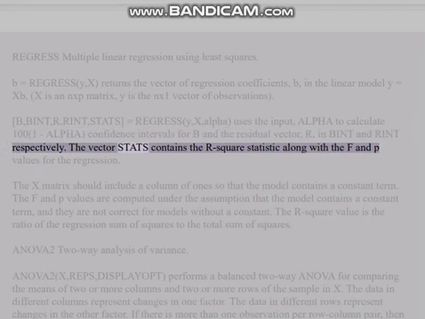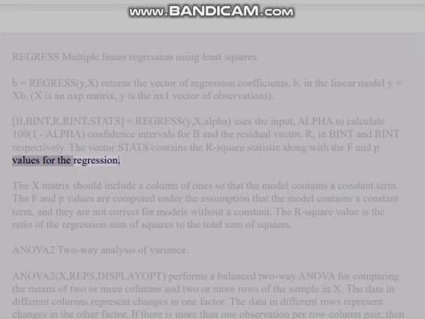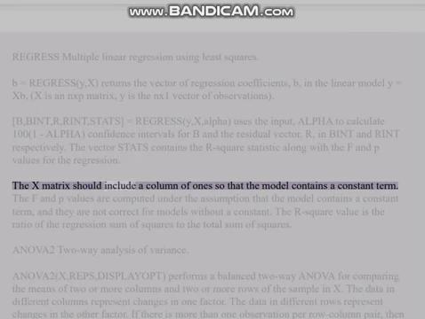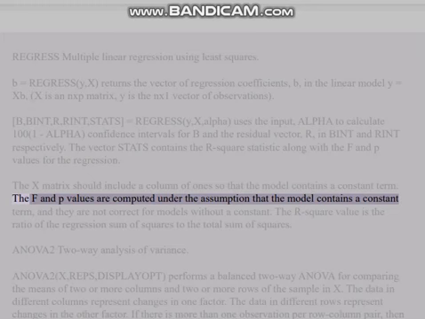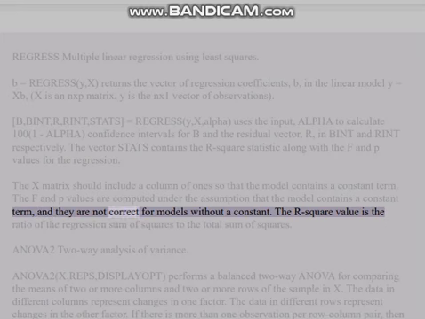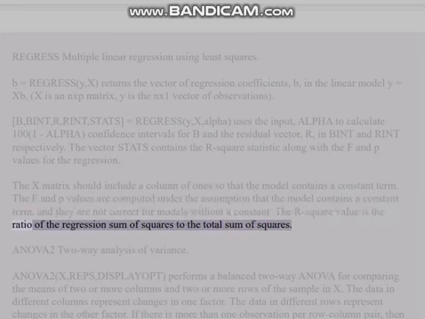The vector stats contains the R-square statistic along with the F and p values for the regression. The X matrix should include a column of ones so that the model contains a constant term. The F and p values are computed under the assumption that the model contains a constant term, and they are not correct for models without a constant. The R-square value is the ratio of the regression sum of squares to the total sum of squares.